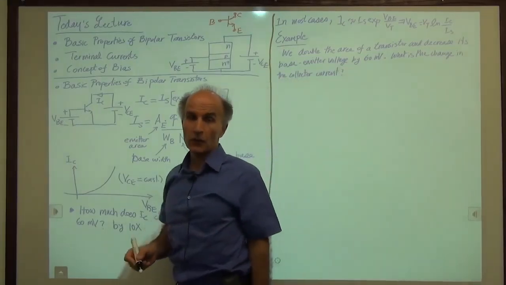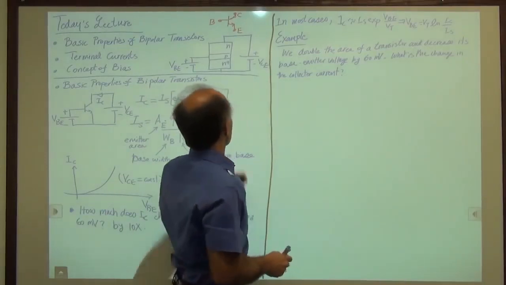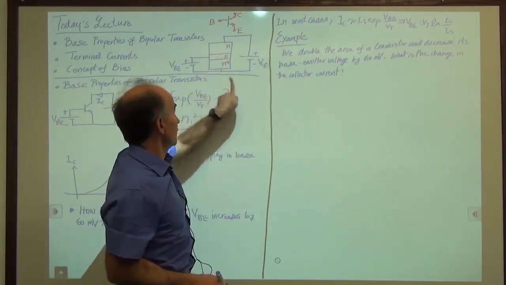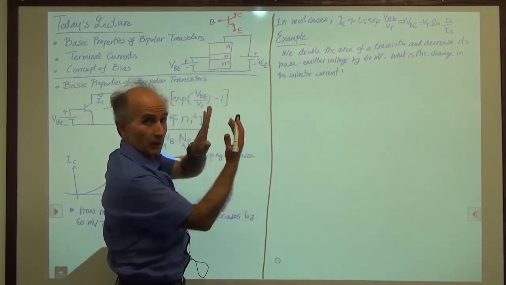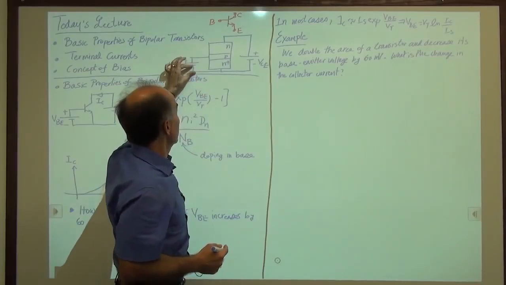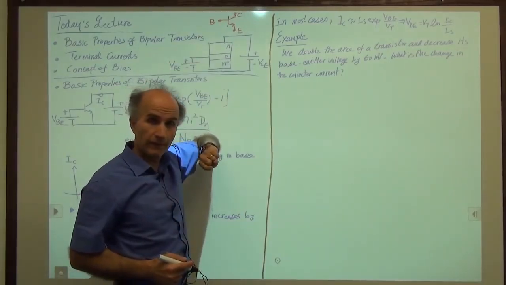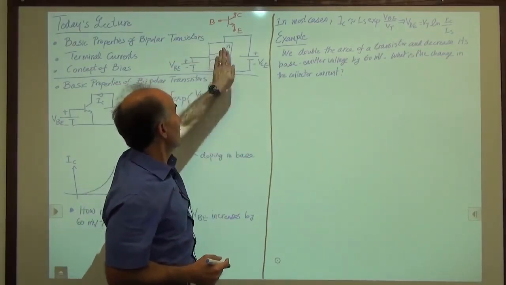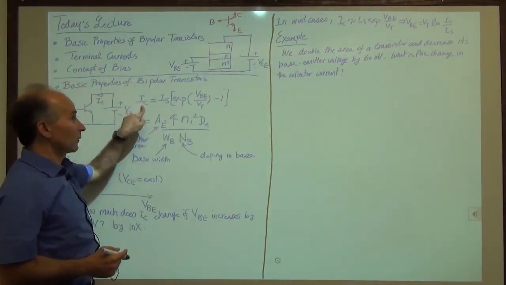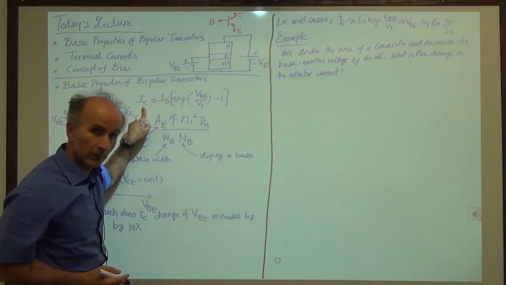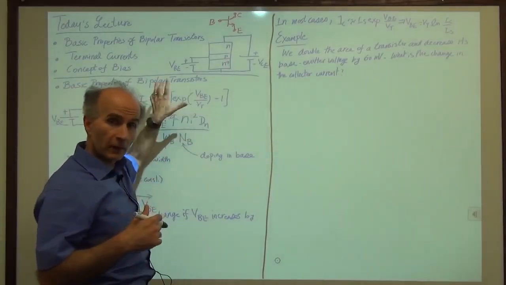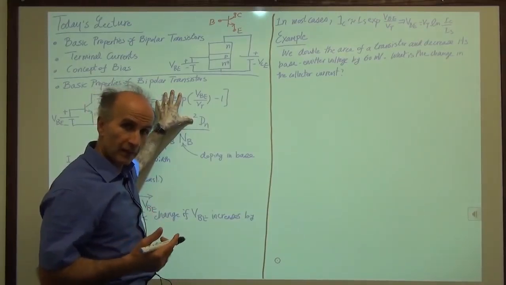All right, so I have a bipolar transistor, and I double the area, the cross-section through which the current flows. I make it twice as large, but I reduce the base emitter voltage by 60 millivolts. When we double the area, IS goes up by a factor of 2, so IC wants to go up by a factor of 2. But when VBE goes down by 60 millivolts, the current wants to drop by a factor of 10.